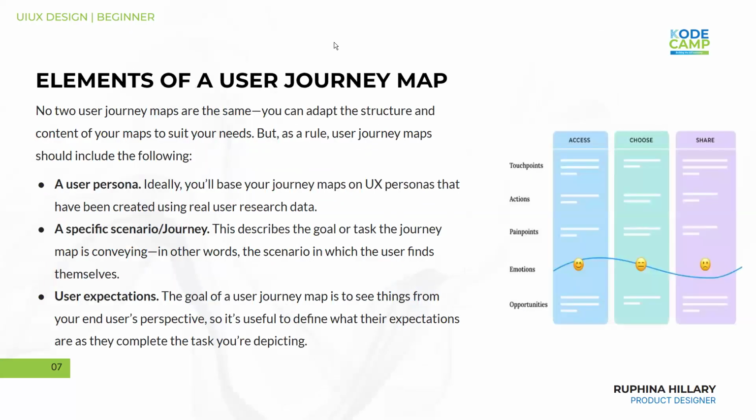Now, elements of a user journey map. What should be in a user journey map? I like to break this down. We talked about elements of a user persona and elements of the empathy map. But some people sent me, I don't know where they got their information, random things.